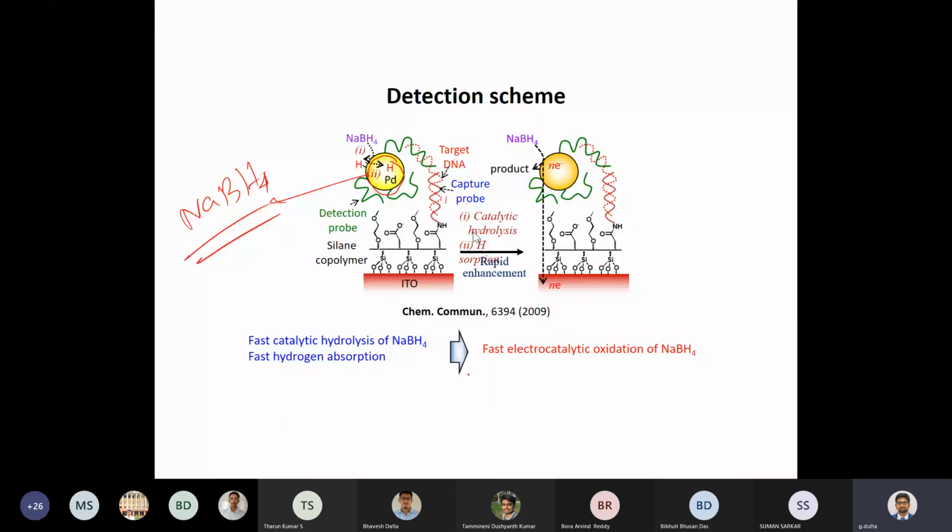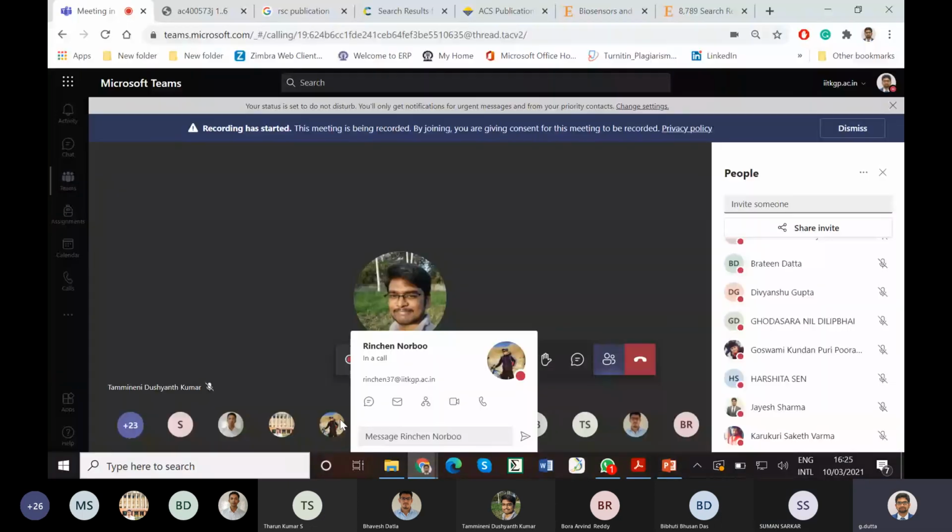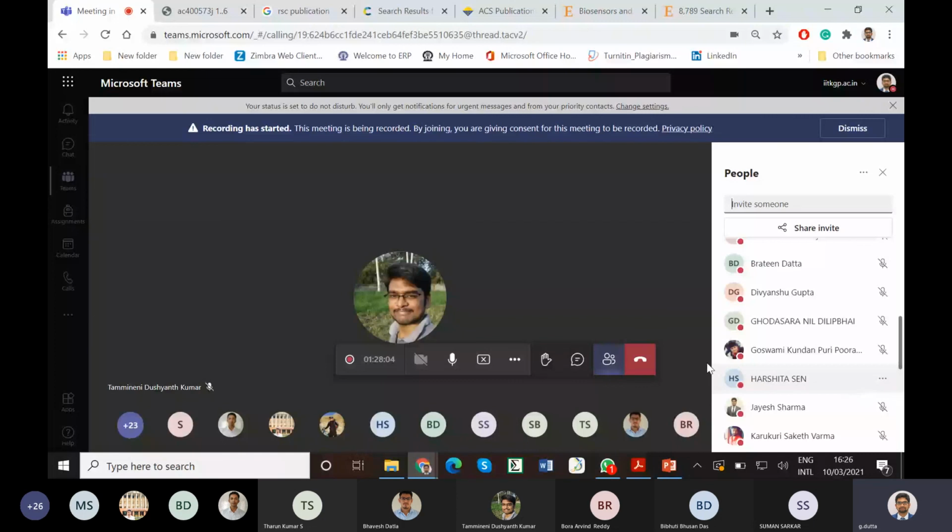Any questions, guys? No, sir. So you can use this technique for any kind of biosensor. It is just a general technique I told you today. You can try this for any kind of sensor technique.